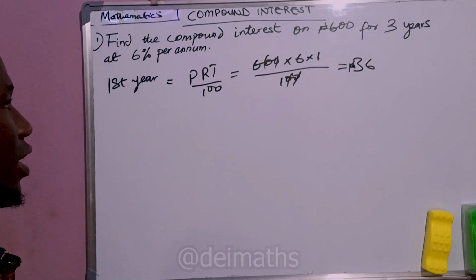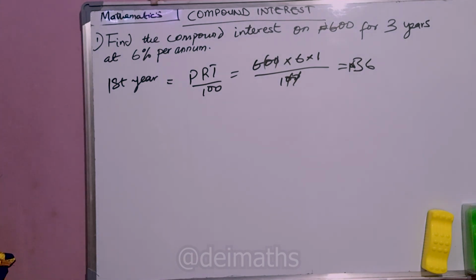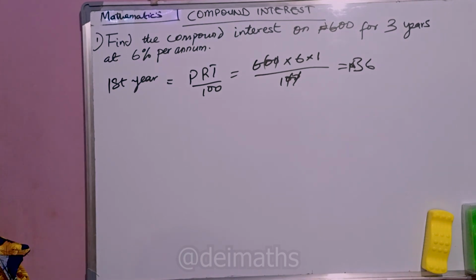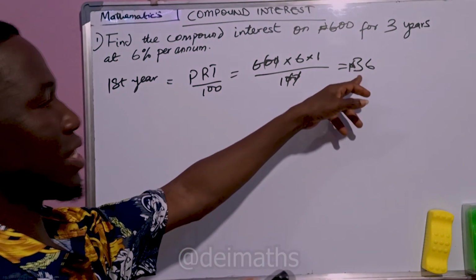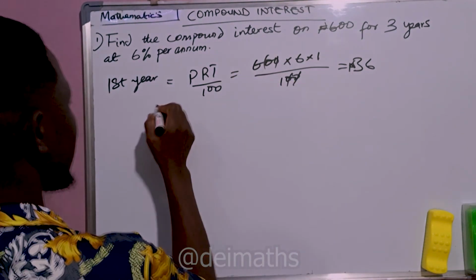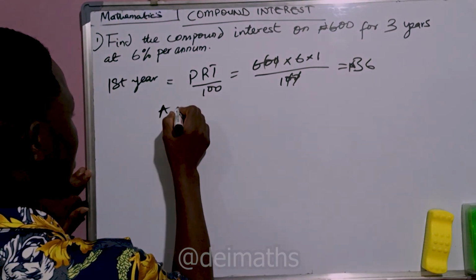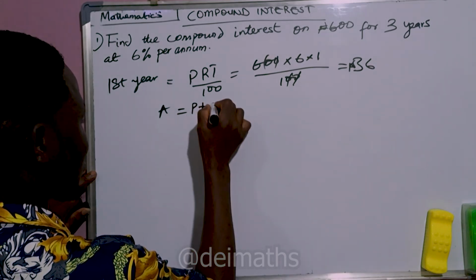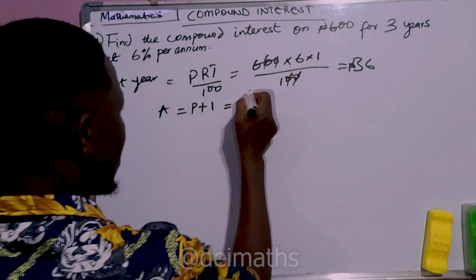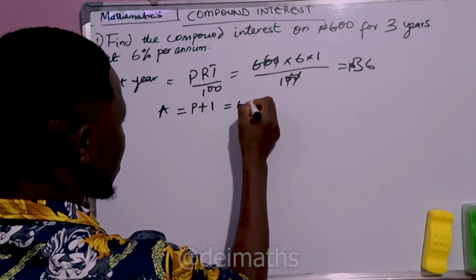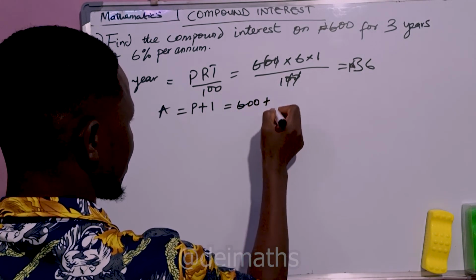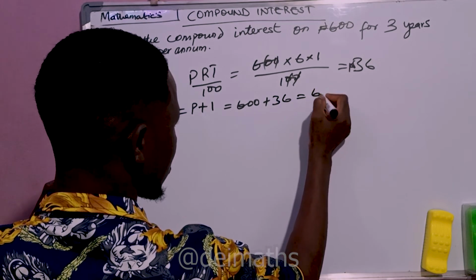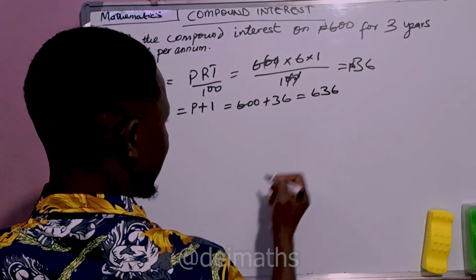Now, in the first year, what we have as our interest is 36 naira, and our principal for that is 600 naira. Now the amount after the first year is equal to the principal plus the interest, which is 600 plus 36, which is 636 naira.